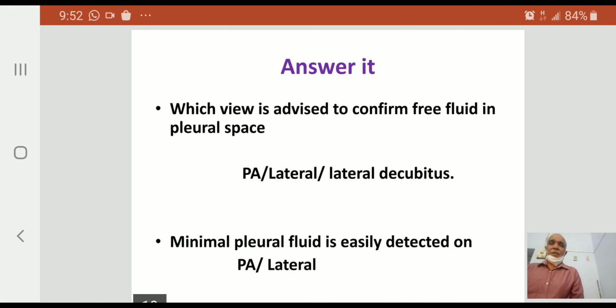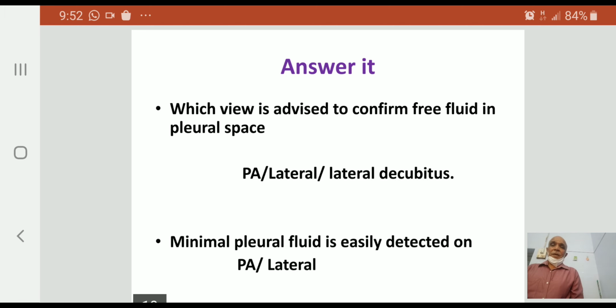The posterior CP angle is lower, so any fluid present in the space goes to the posterior CP angle due to gravitational force.